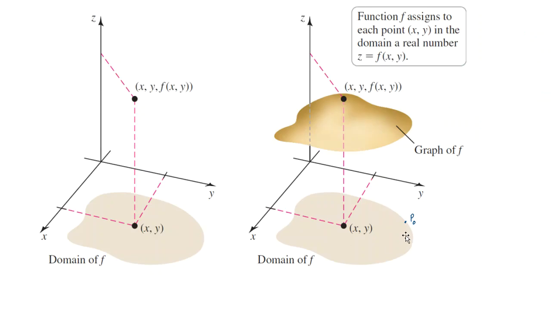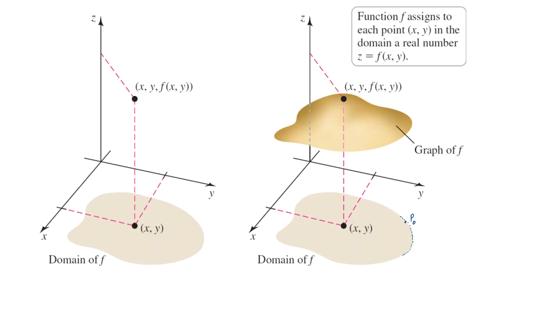So let's say I've got this domain here, and let's say this is an open set. And we talked about that earlier. In other words, it doesn't include its boundary points. Let's say the boundary points are not in the domain. This is dotted. But P sub 0 is on the boundary but not in the domain.